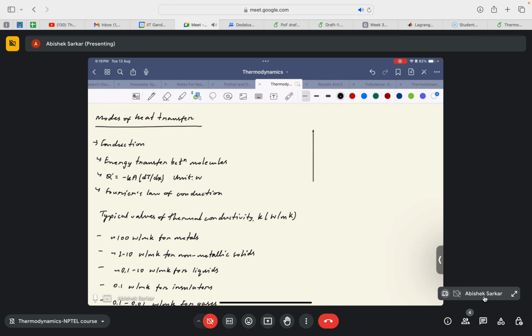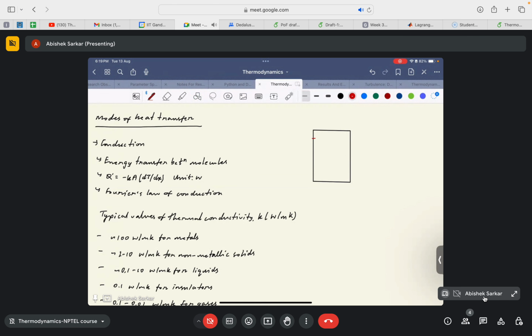Say we are trying to find the rate of heat transfer across a slab of brick.